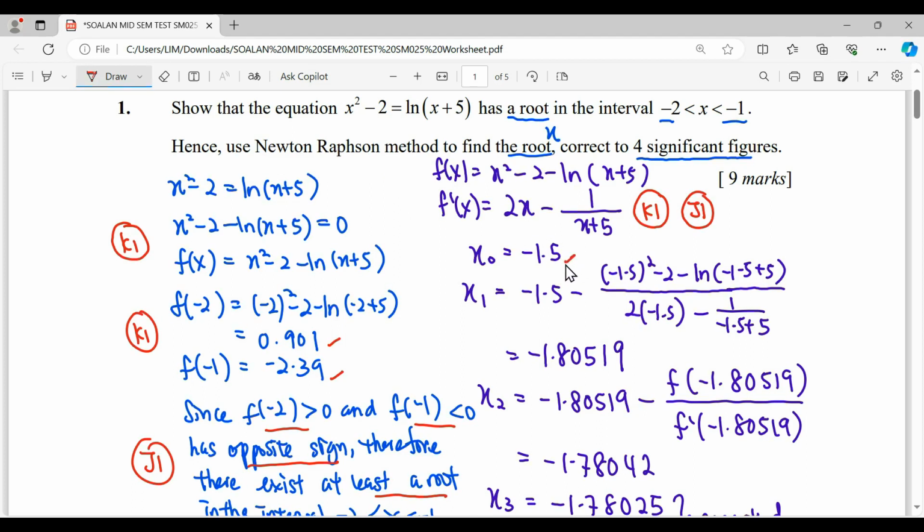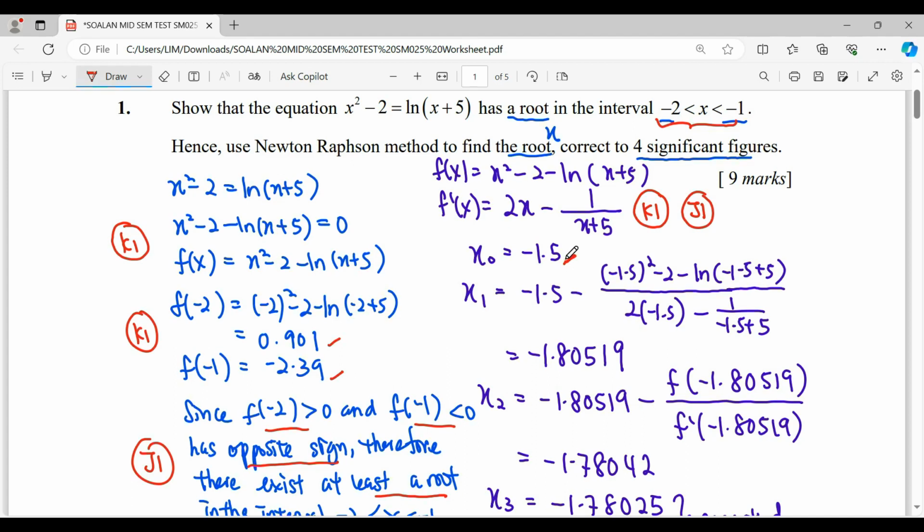We will check that this initial value must be in the interval of -2 and -1. So besides -1.5, we can accept -1.8, -1.9, but not -2 because -2 is not included and not equal to -1. Any value within -1 and -2 is fine. Most of the time we will start with -1.5.